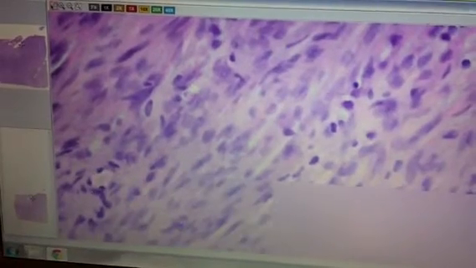It's easy to see. And then if you go, you have these spindle cells here. And you will have the small fascicles that they make up here, like this, or this, and here, and here, and here. Okay, that's it.